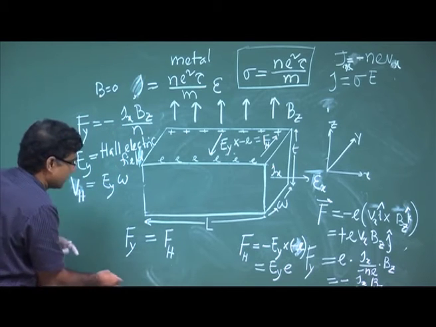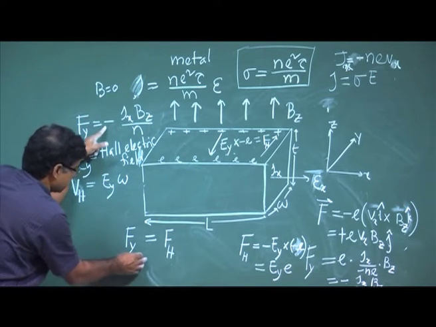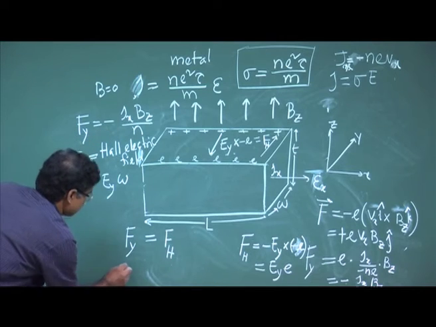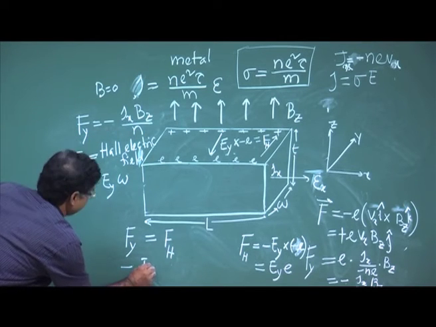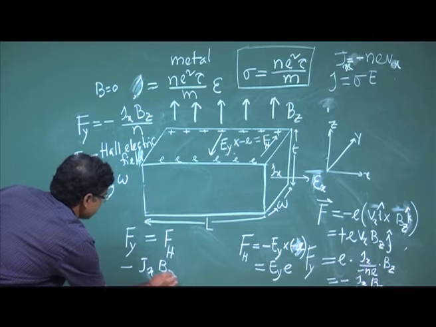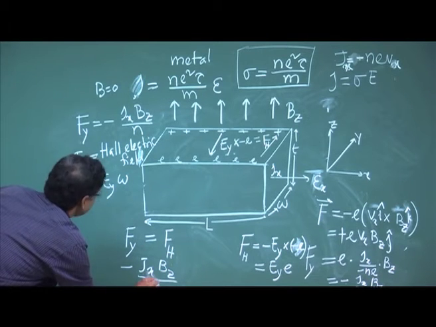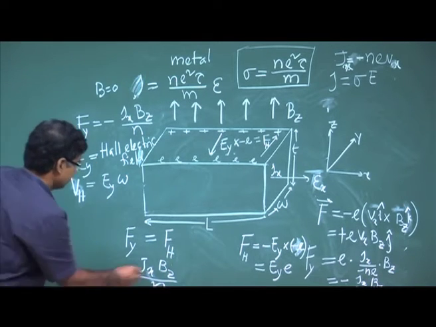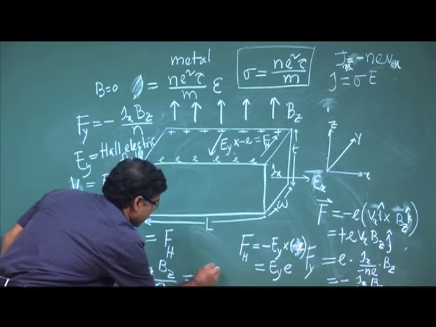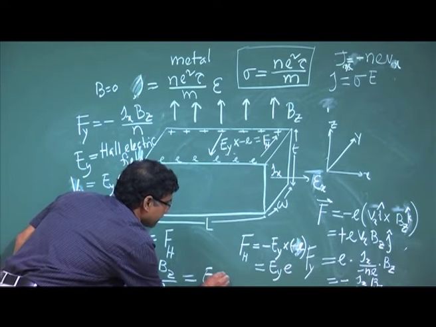So, I can write this is minus j_x B_z by n equal to here E_y e.